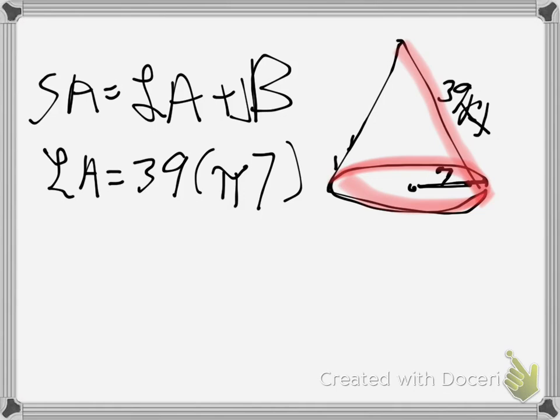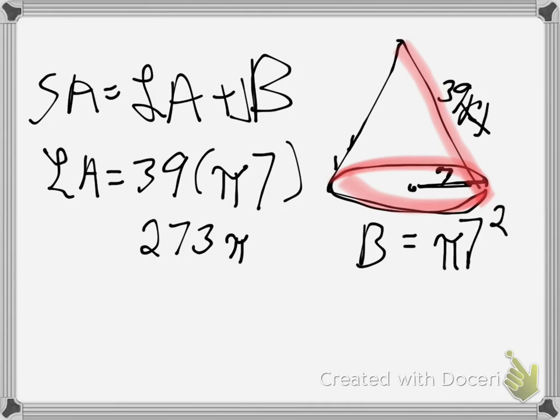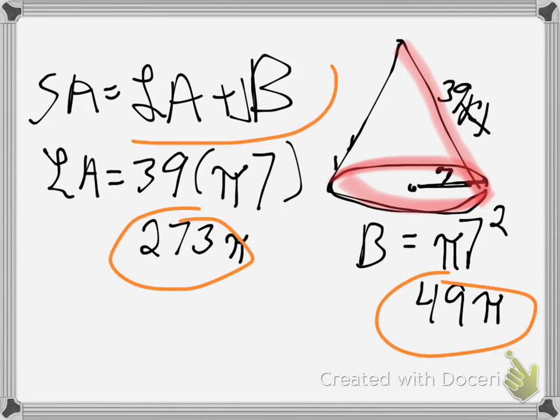Seven times 39 is 273. So 273 pi is your lateral area. Base is pi r squared, so pi times 7 squared, so 49 pi. You're going to add these two together.